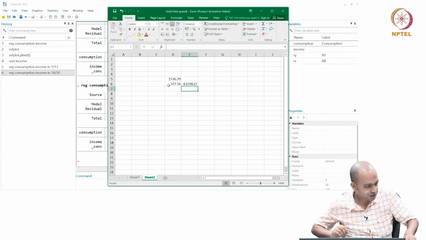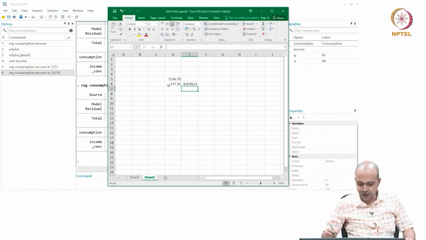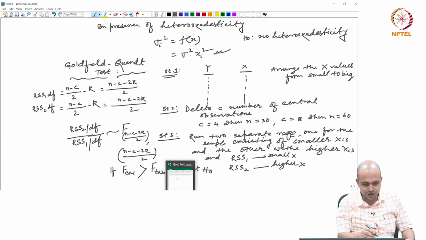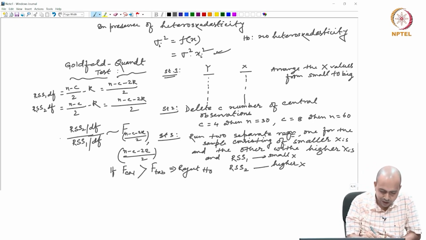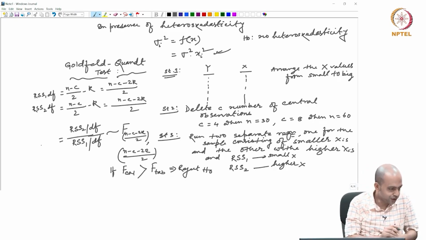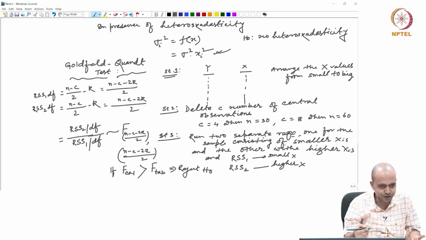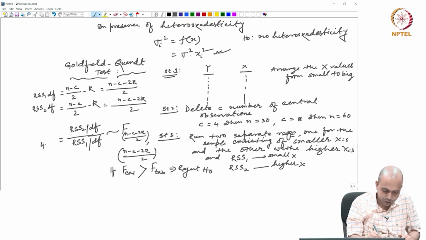So, while calculating, I will go back to our formula. This is our formula, RSS2 by RSS1. Here I am not dividing by degrees of freedom because that is 11 and 11, and this is 4.07.